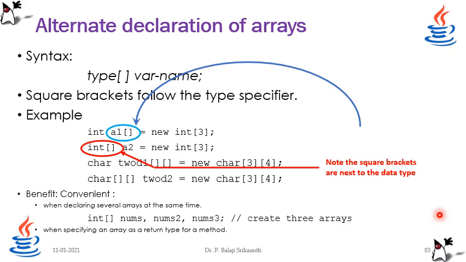The advantage is when declaring several arrays at the same time, you can specify like this: int[] nums, nums2, nums3. These are all integer arrays. And when we are returning an array from a method, this is very easy.